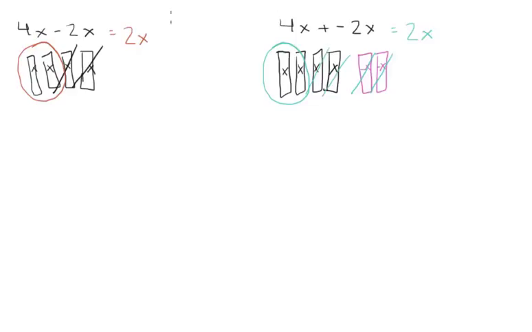So it doesn't matter how I write these. It yields the same answer, but I want you to see that this is equivalent. 4x minus 2x is the same as 4x plus negative 2x. I'm just writing them somewhat differently.